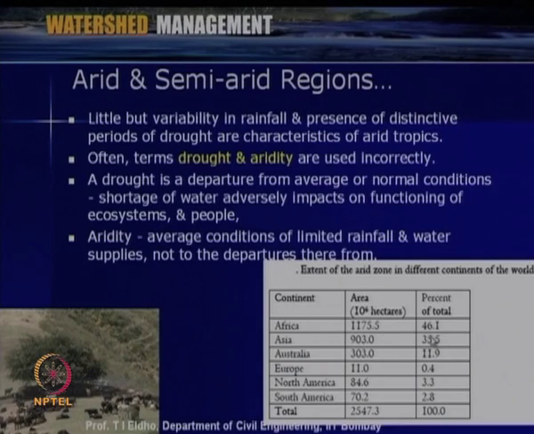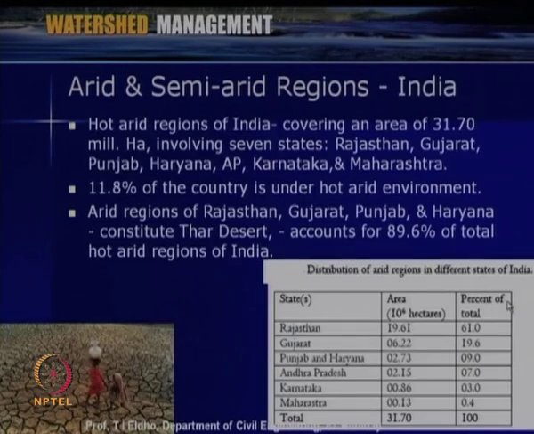Asia is about 35.5%, Australia 11.9%, Europe only 0.4%, North America 3.3%, South America 2.8%. Like this, the extent of arid zones in different continents varies, and from one continent to another, or one country to another, there is a lot of variation in the arid zone statistics.